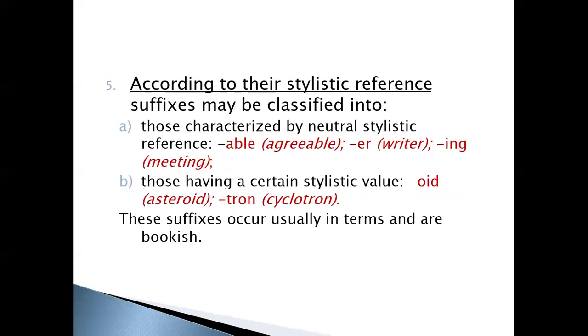According to their stylistic reference, suffixes may be classified into those characterized by neutral stylistic reference: -able, -er, -ing. Suffixes having a certain stylistic value: -oid, asteroid; -tron, cyclotron. These suffixes occur usually in terms and are bookish.